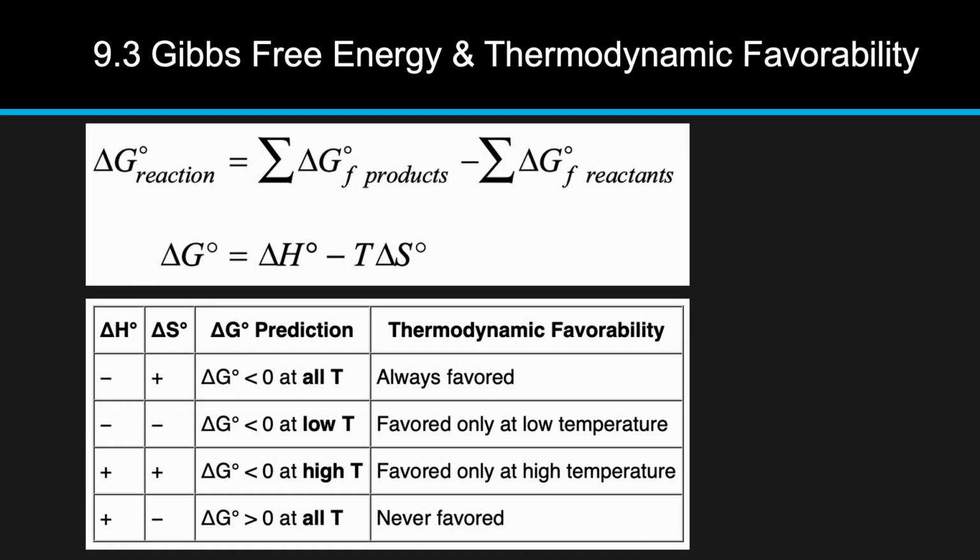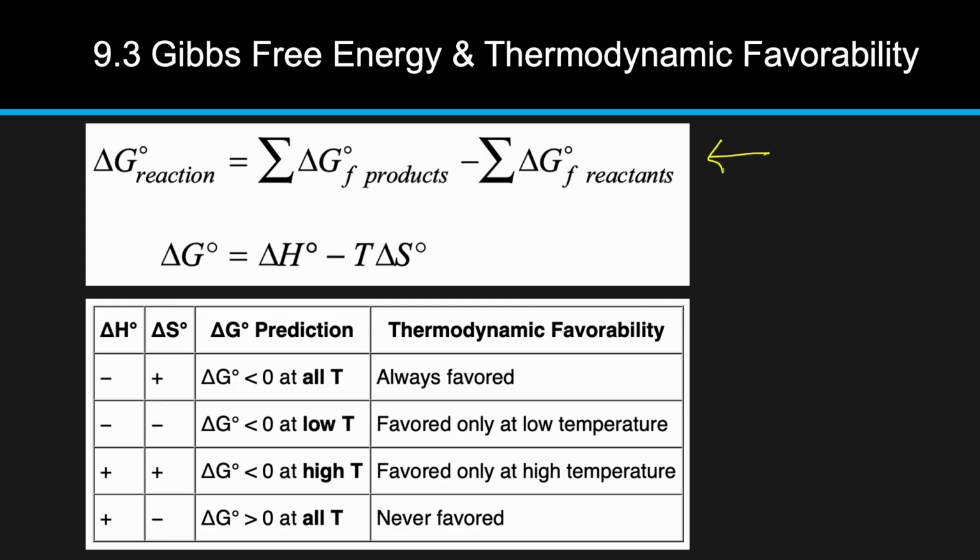On the AP Chemistry exam, there are going to be two different scenarios in which you are solving for delta G. The first scenario is when you are given Gibbs free energy values for all the substances in your chemical equation. In that case, you're going to use this top equation here, where you take the sum of the Gibbs free energy of your products and subtract the sum of the Gibbs free energy of your reactants. That is the same process that we have used for solving for delta S with entropy values and delta H with enthalpy values.